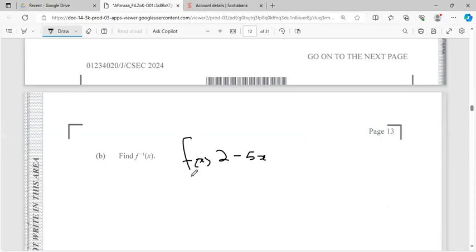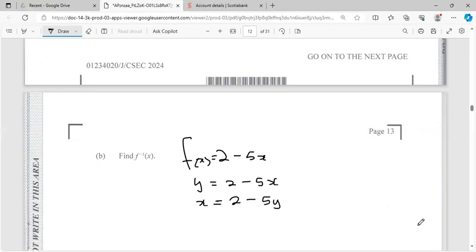So basically, we know we're supposed to change the function to y. So y is equal to 2 minus 5x. Interchange x and y, so where x is, we put y. Where y is, we put x. Alright, so we have x is equal to 2 minus 5y.